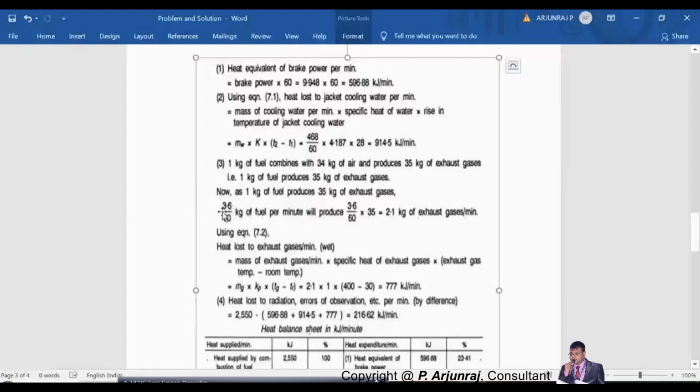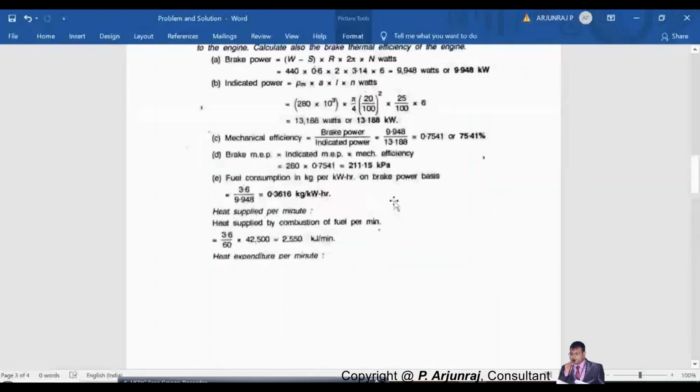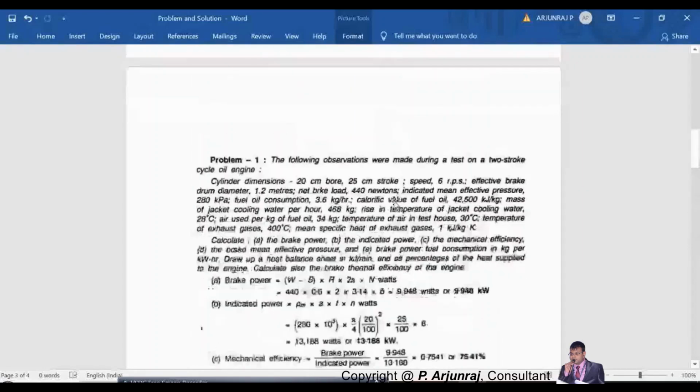So you know this 3.6 by 60 kg of fuel per minute will produce 3.6 into 35. What is this 35? 35 is nothing but the exhaust gas. It's not 35, it should be 34. Okay, that is a typo error.